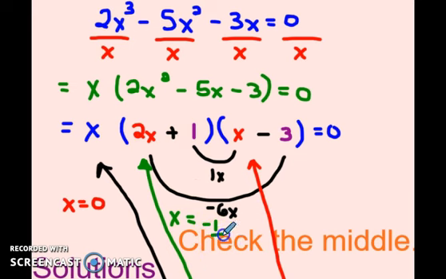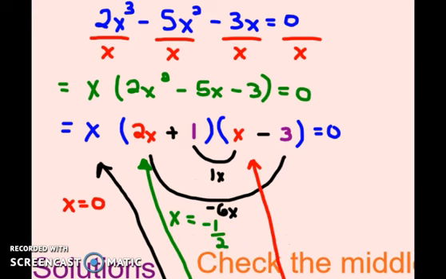Then I'm going to divide by 2, so I got negative 1/2. And then what makes the last factor 0? When x equals 3. So here are my 3 solutions: 0, negative 1/2, and 3. To check them, plug them into the original equation.